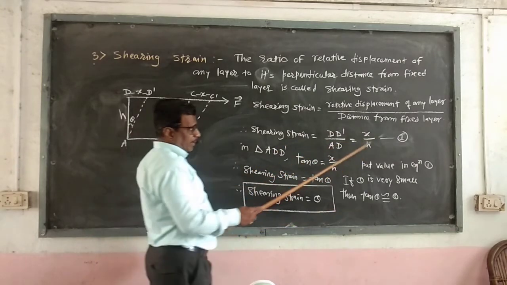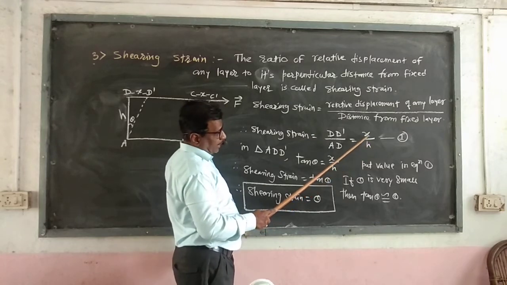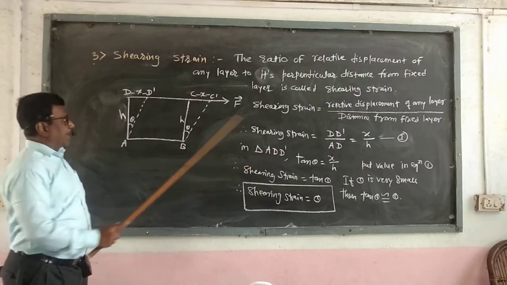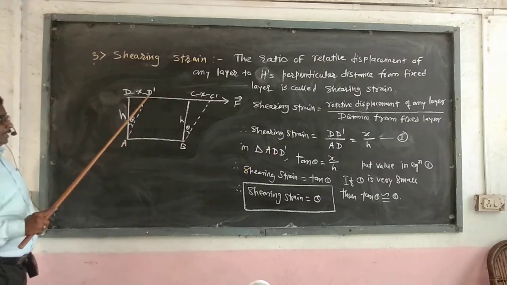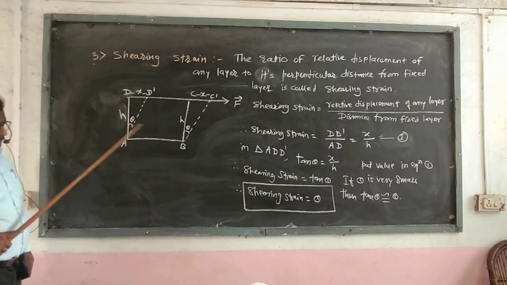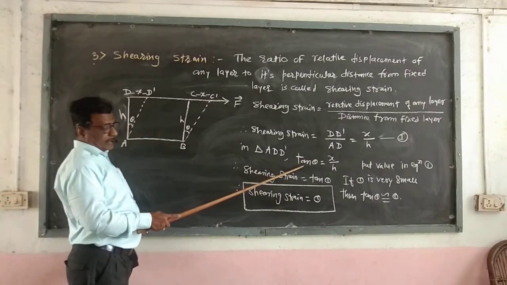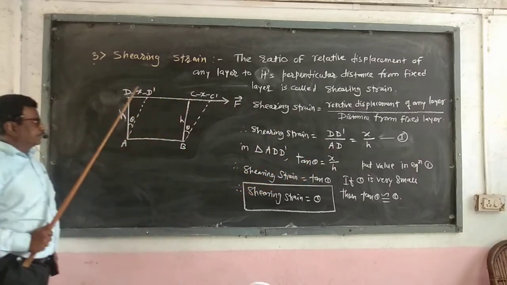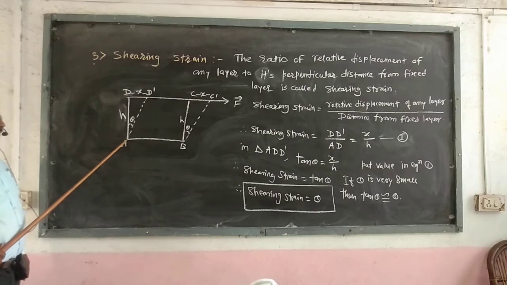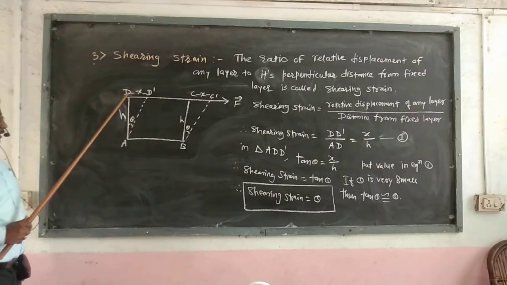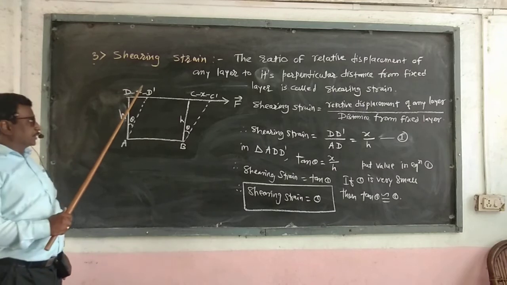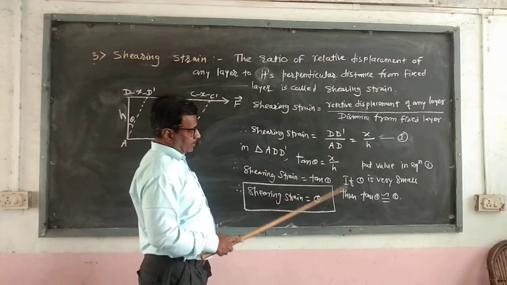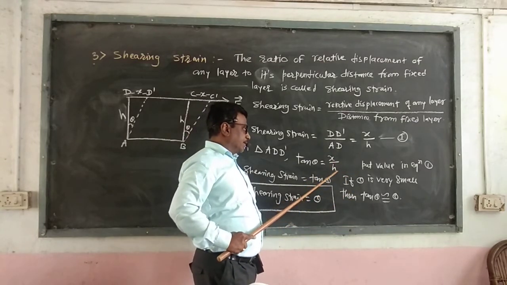Now we have to find the value of X by H. To find it, consider the triangle ADD dash. Here is the angle theta. Tan theta is equal to opposite side upon adjacent side, so tan theta is equal to X by H. So we get the value of X by H equal to tan theta.